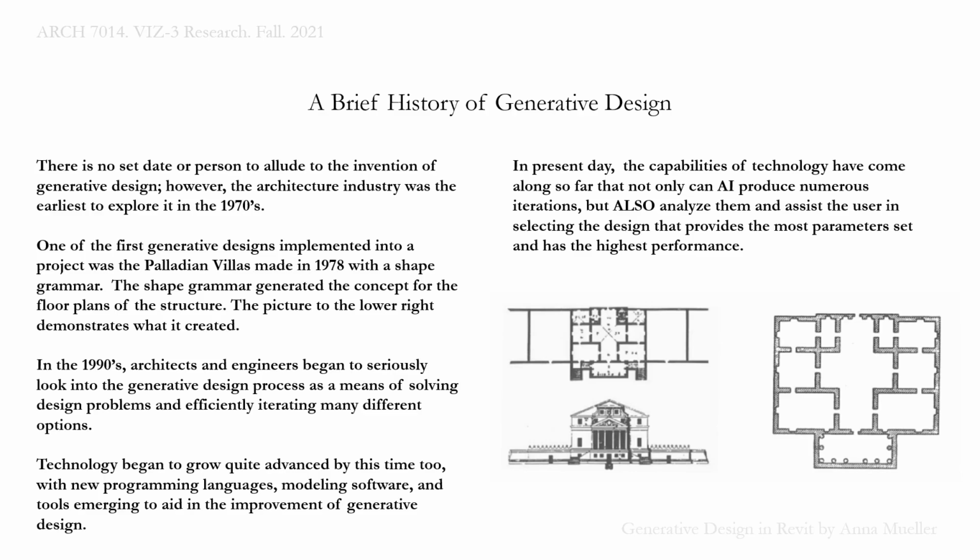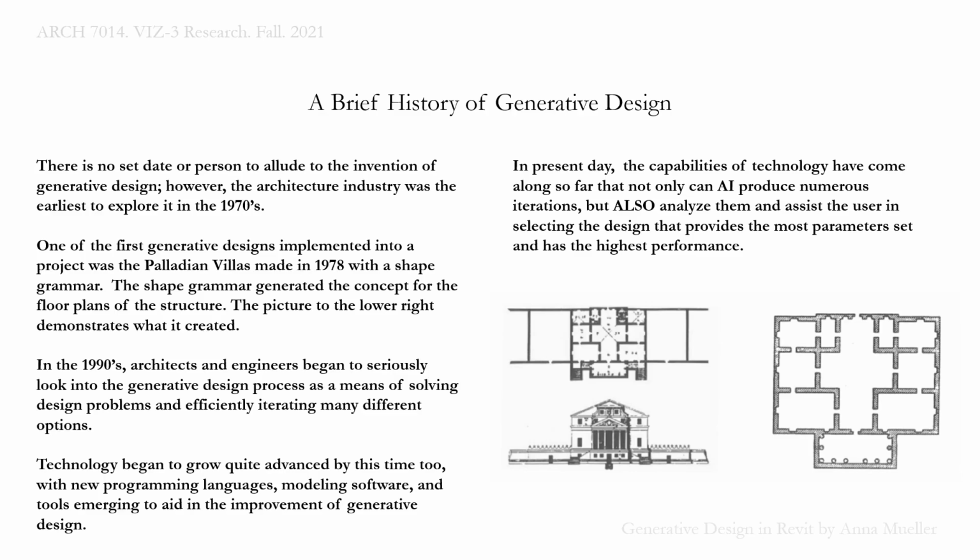One of the first generative design projects ever implemented was the Palladian villas made in 1978. This was created with a shape grammar. The shape grammar created the floor plans for this structure, and we can see this structure in my picture to the lower right.